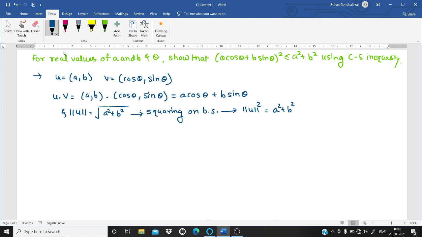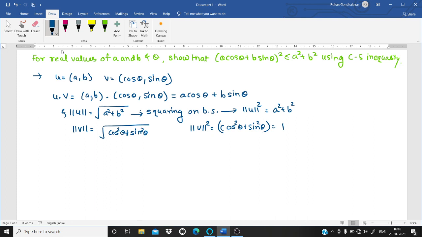Then what is norm v? The vector v is (cos theta, sin theta). So norm v will be the square root of cos square theta plus sin square theta. Therefore, norm v square is cos square theta plus sin square theta. But we know cos square theta plus sin square theta is 1. So norm v square will be 1.